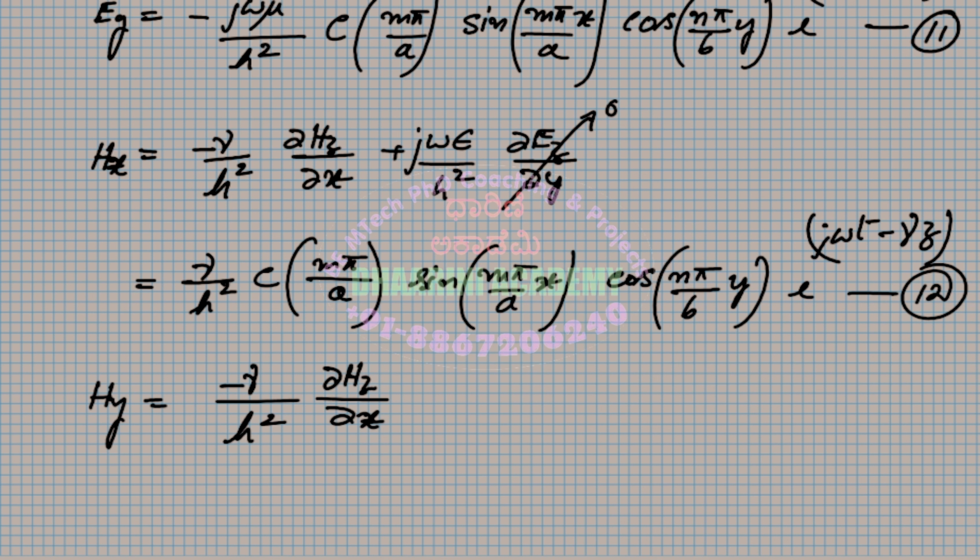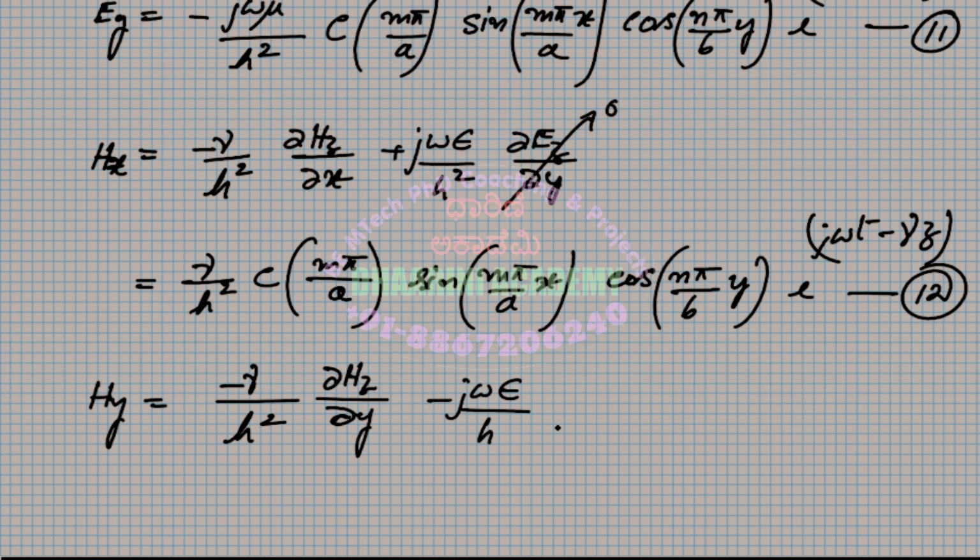This is with respect to y, sorry, not x. The denominator is with respect to y. So this becomes dou Hz by dou y, minus j omega epsilon divided by h square into the partial derivative dou Ez by dou x.